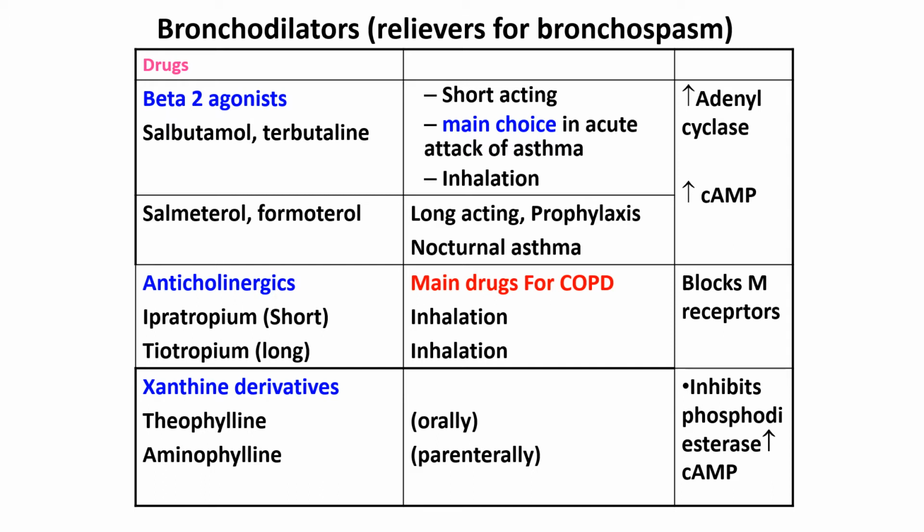compared to atropine. Yes, that we will discuss, and once we have discussed the advantages of Ipratropium Bromide and Tiotropium Bromide, we will compare these drugs with the beta 2 agonists, and we will see what are the advantages or disadvantages that these anticholinergic drugs have compared to beta 2 agonistic agents.